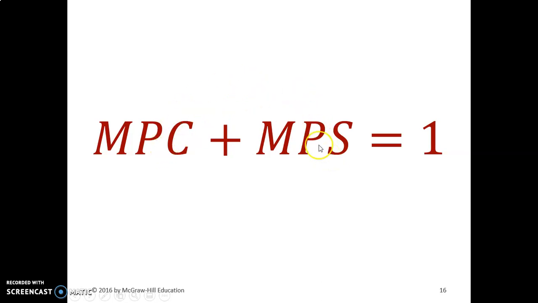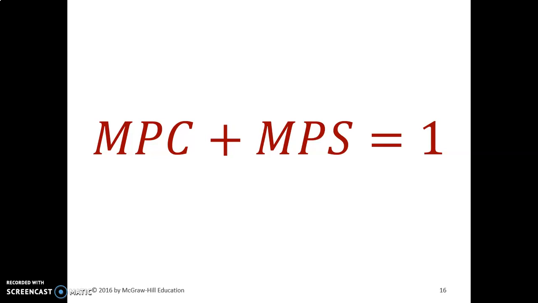You spend it, you save it. One of the two, nothing else. Remember, this is a percentage. Essentially, 100% of your income is either consumed or saved. So whatever your marginal propensity to consume is, 1 minus that is going to be your marginal propensity to save. Whatever your marginal propensity to save is, 1 minus that is going to be your marginal propensity to consume.